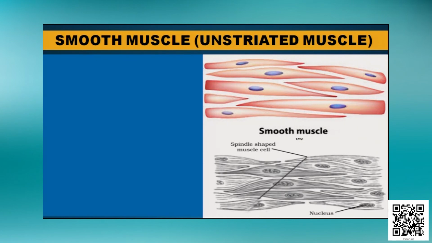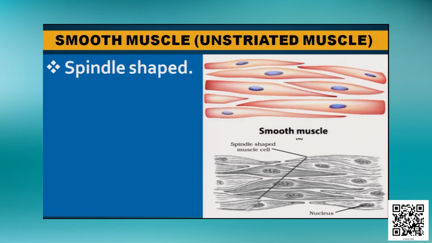The second muscle tissue is called smooth muscle. Okay. Look at the picture. Again, individual cells. Observe carefully the individual cells. So, this cell is spindle shaped. What do you mean by spindle shaped?